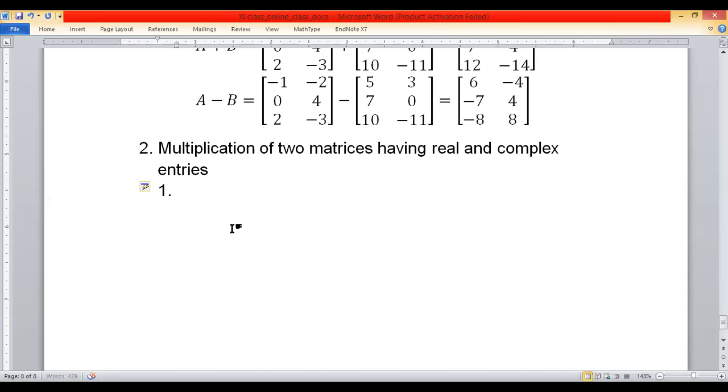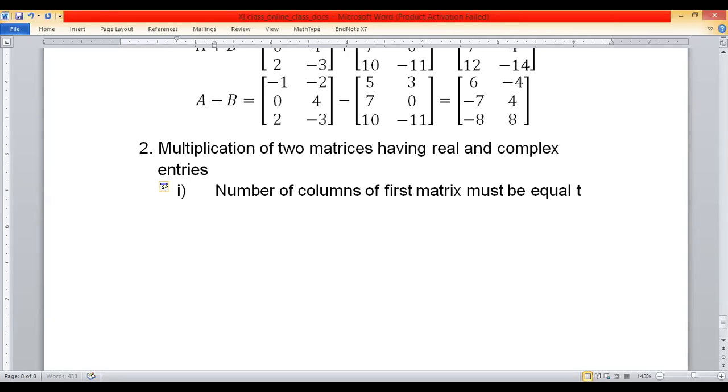Keep in mind, when you can multiply two matrices, the rule is number of columns of first matrix must be equal to number of rows of second matrix.